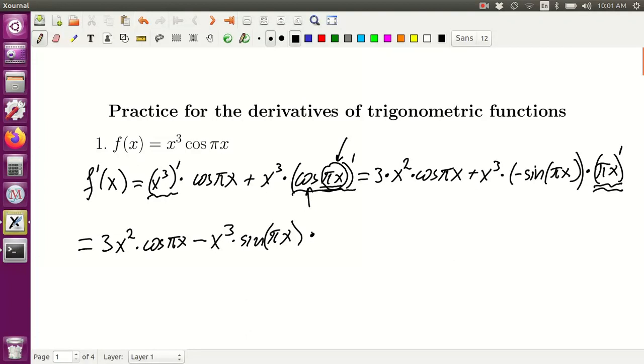Pi is a constant and the derivative of x is 1, so we get pi. And for all practice purposes, this would be good enough for us. So we'll stop over here.